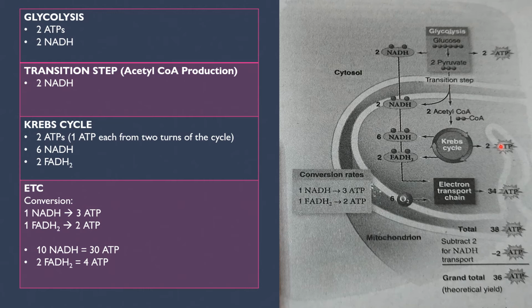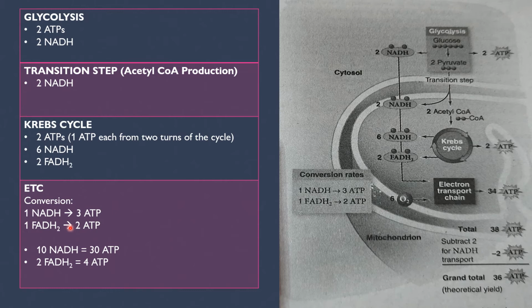In addition, each glucose yields 2 NADH molecules in glycolysis, and 2 more from acetyl-CoA production, or the transition step. Now, 2/3 of the Krebs cycle yield an additional 6 NADH and 2 FADH2. In theory, the ATP yield from the electron transport is as you can see here in the conversion.